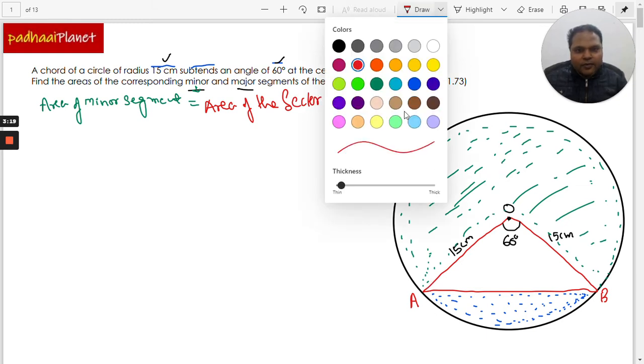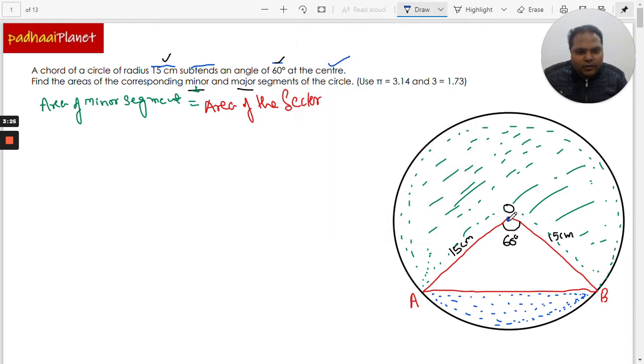Let me just highlight it with some other color. So this is the sector OA, and this entire thing, and B, and from here this entire O. Suppose this is in between, say this is P. So OAPB, the area of this sector minus the area of the triangle OAB.